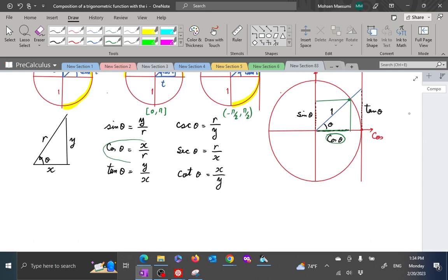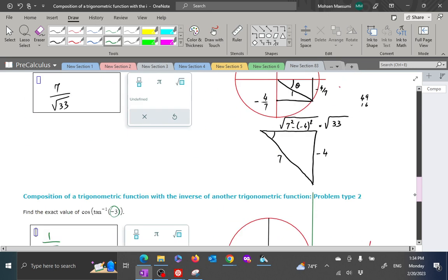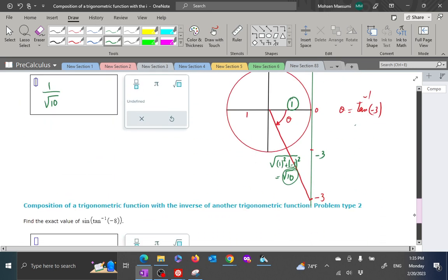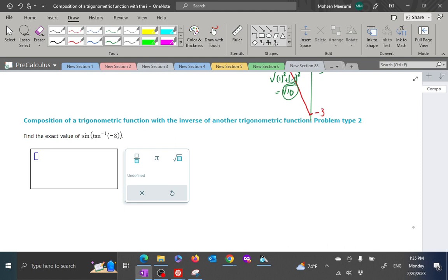We are just using a visual version of what we had here. Cosine was x over r. Whatever x is divided by whatever r is, that's going to give us our cosine, and that is what I did, and just call it adjacent over hypotenuse. Similar setup, tangent inverse of -8.